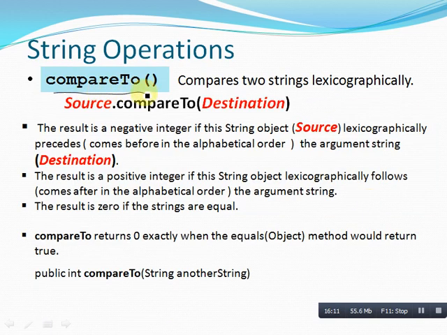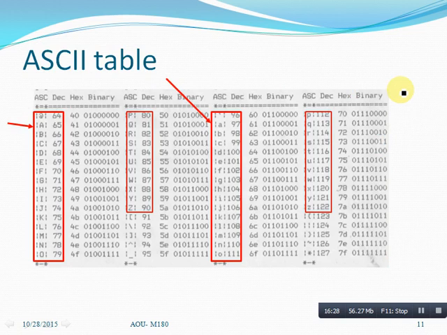Moving ahead, more functions. compareTo. This function compares two strings lexicographically. It means it is checking the characters and their position in the ASCII code. For example, over here you can see the ASCII codes for the characters.